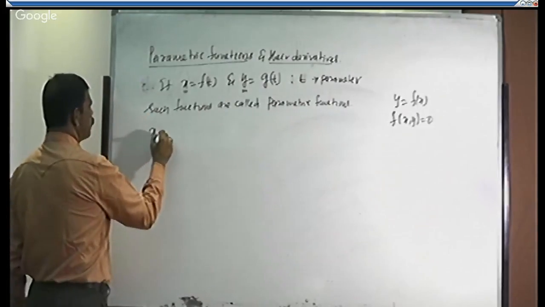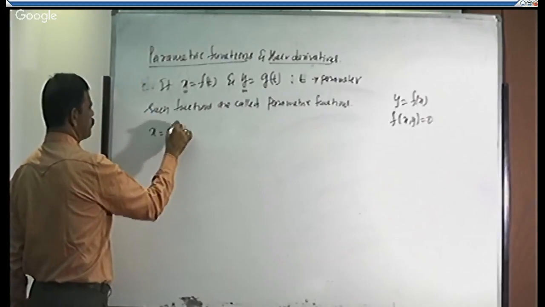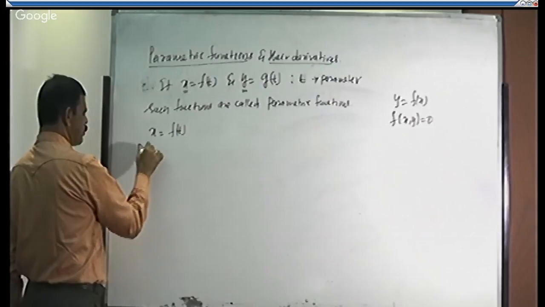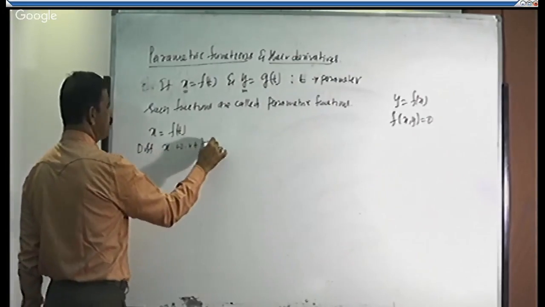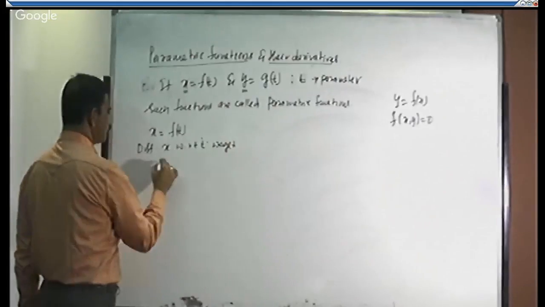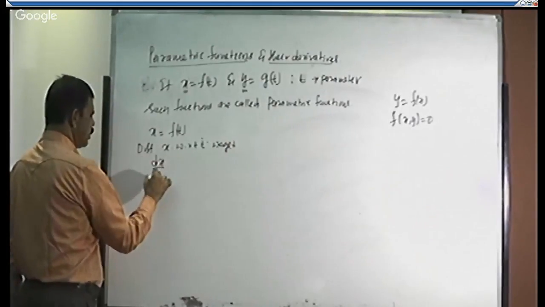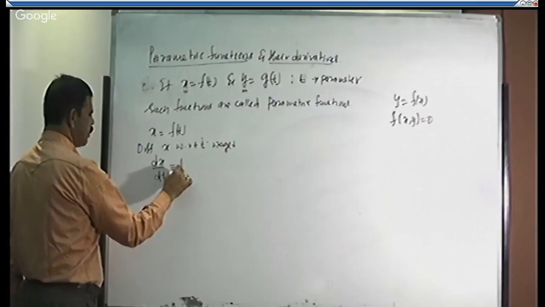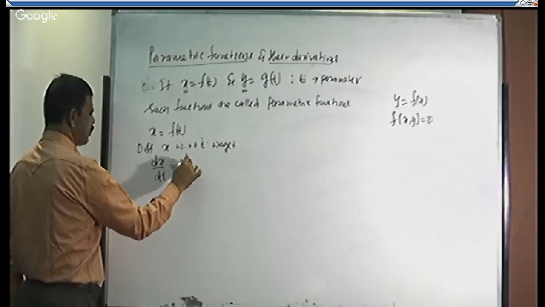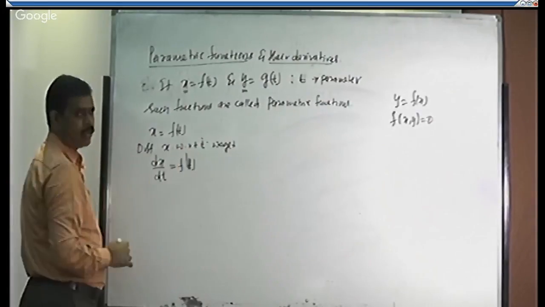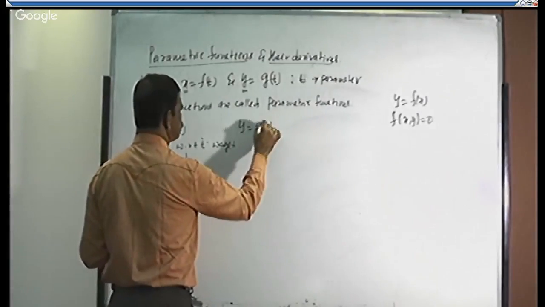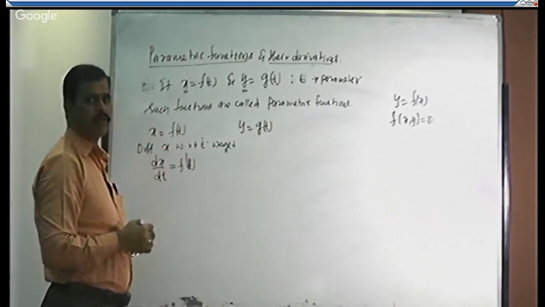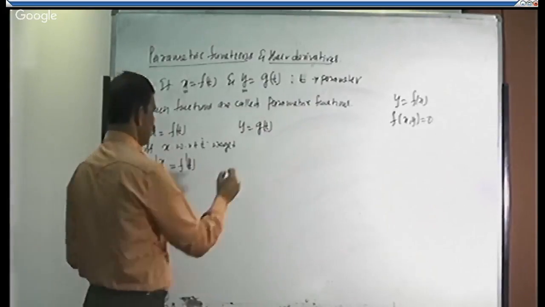See, x is given as f of t. Differentiate x with respect to t. We get dx by dt, which I will take as f dash t. Y is equal to g of t.